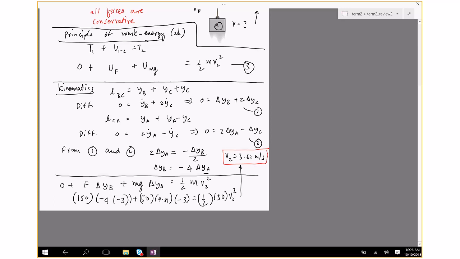So you would have to do it this way when the force is given, like 150s. If it was 50, 150s or 150t, just use work energy because we have not defined a potential corresponding to F. We have only defined a potential for mg and a potential for spring. So if you don't see a spring and force, don't use conservation.